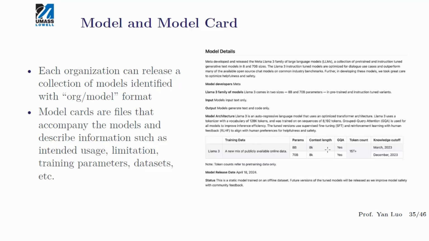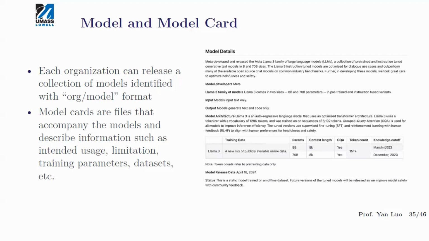And the context length. Basically, that's the maximum number of tokens that you can give the model at once to process. It has a vocabulary of 128K tokens. And also this information is very interesting: knowledge cutoff. The knowledge cutoff for the 8 billion version is March 2023.